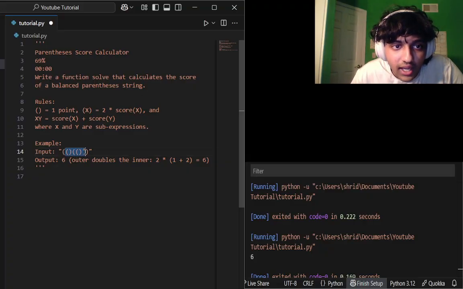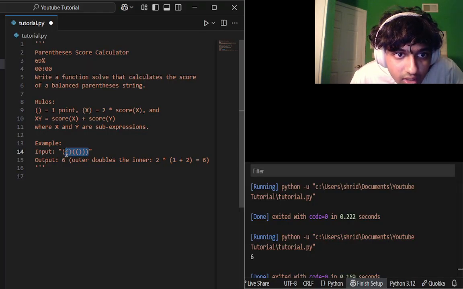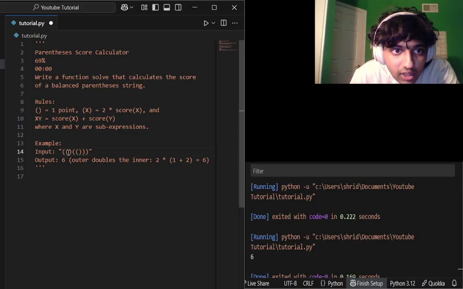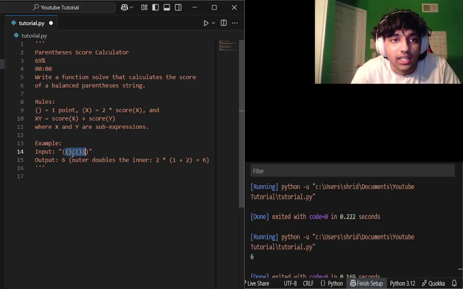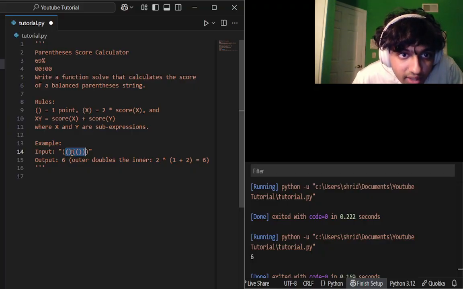So in this example, we see first there are two outer parentheses. So we could just know that everything inside here is going to be doubled. Now this first parentheses is going to be 1 on its own, but then this one is going to be 1 inside another one.